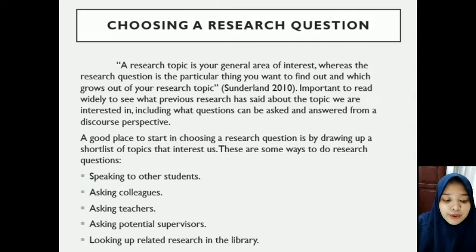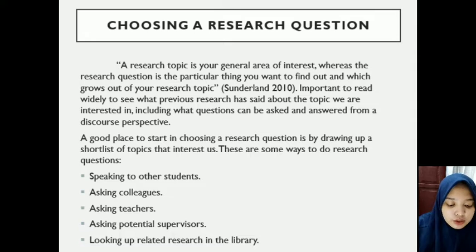Choosing a research question. A research topic is your general area of interest, whereas the research question is the particular thing you want to find out and which grows out of your research topic. Sunderland, 2010.